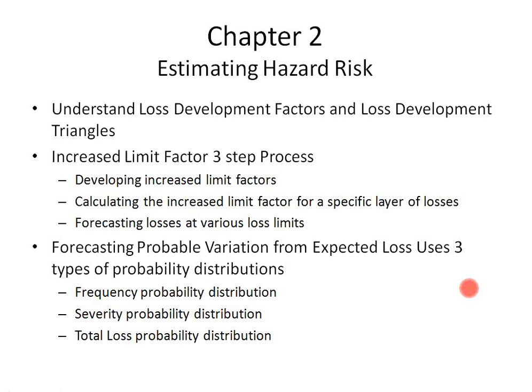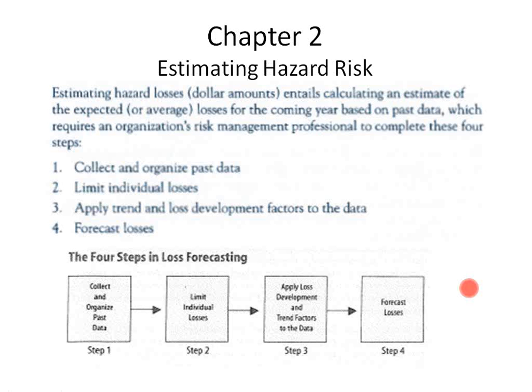The total loss really is the combination of those two. So it's just how those things are used. It's not necessarily doing the calculations as much as understanding how you estimate hazard risk.